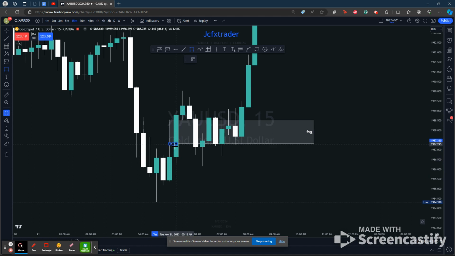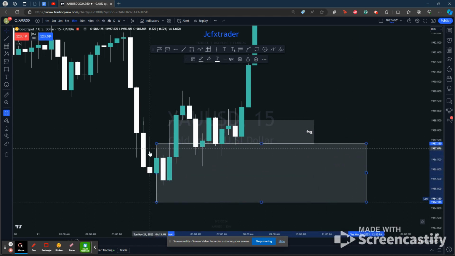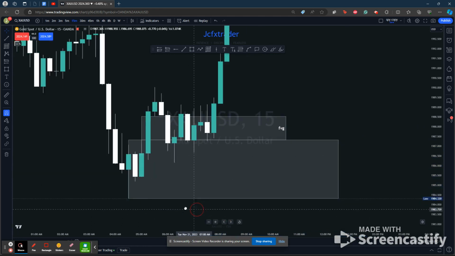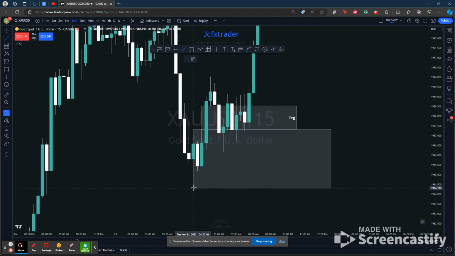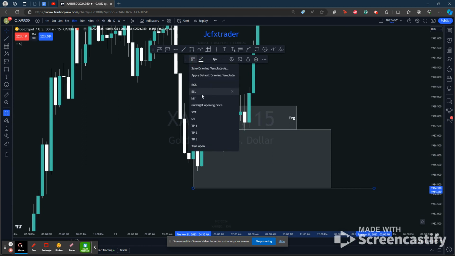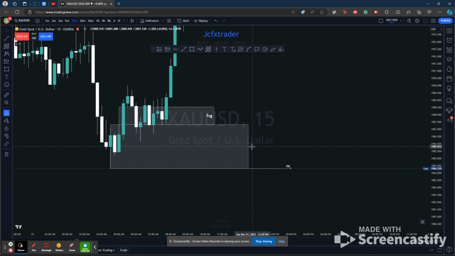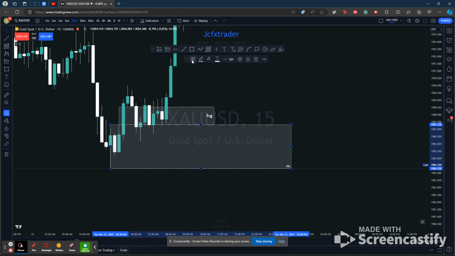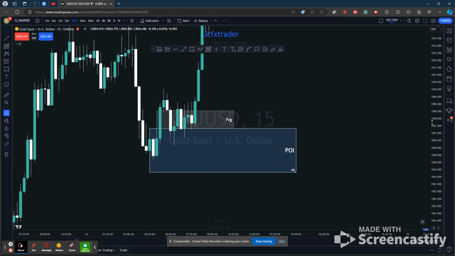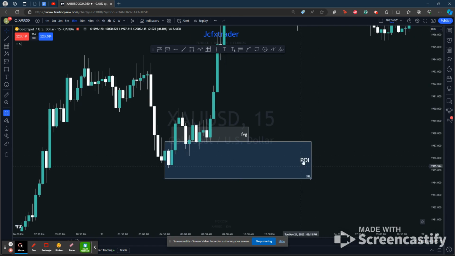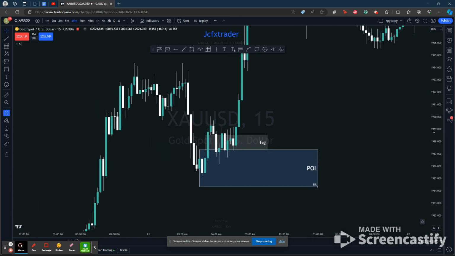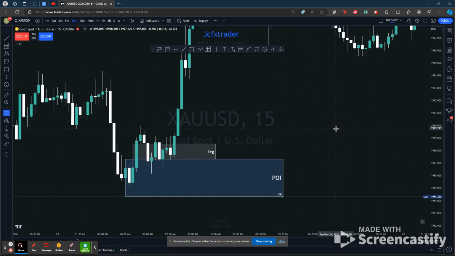In this case, if it's a bullish order block, we would take it at the high of the wick and draw down to the low of the order block, or in this case, the candle that created the low, which we know also created liquidity. This gives us confluence that we have an order block paired with a fair value gap, which makes it very effective. I call this a POI, point of interest. However, they all mean the same thing.